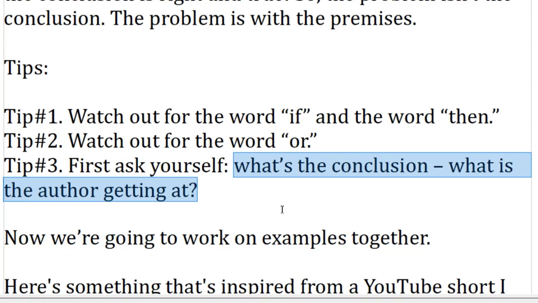Figure that out. And once you've figured out that's the conclusion, that's what I'm going to end with when I'm representing their argument. I'm going to end with, therefore, whatever their conclusion is, right? And then the question is, how did they get there? What were the steps of reasoning that they used? And what are the rules of logic that they used? Did they use modus ponens, modus tollens, hypothetical syllogism, disjunctive syllogism?